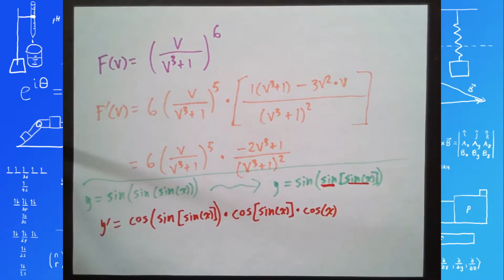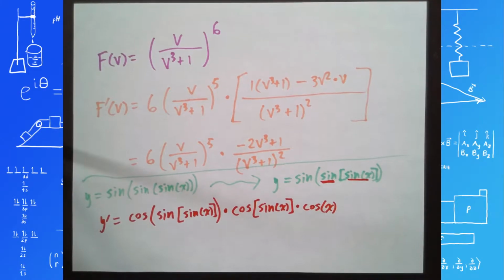So really the only challenge with this one is staying organized and not letting yourself get disoriented.